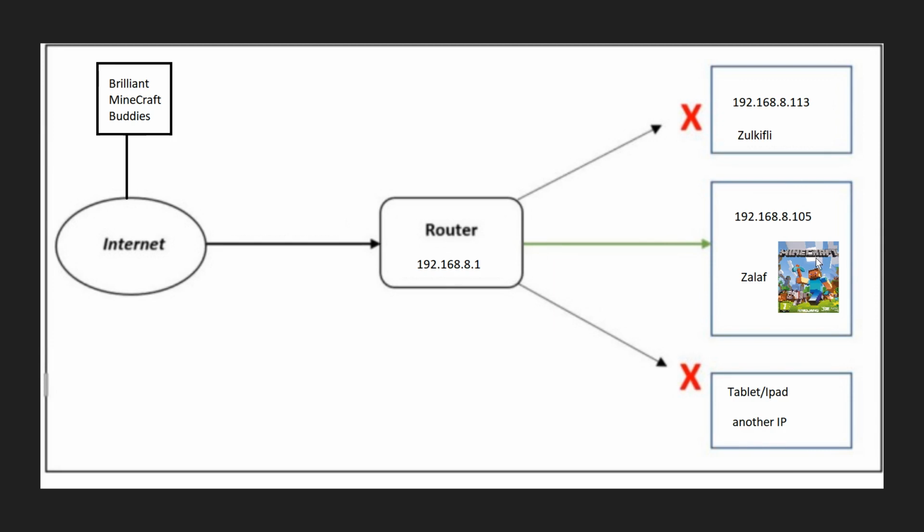That's why it doesn't work otherwise, because there are 3 or 4 computers here, and maybe Zulkifli also might have his own Minecraft. So only Zaref can host in this network. Others can't host because the router can only run one Minecraft server at a given time. If someone else wants to run one, he has to change that port forwarding and enter his IP there. So that is how you do port forwarding.